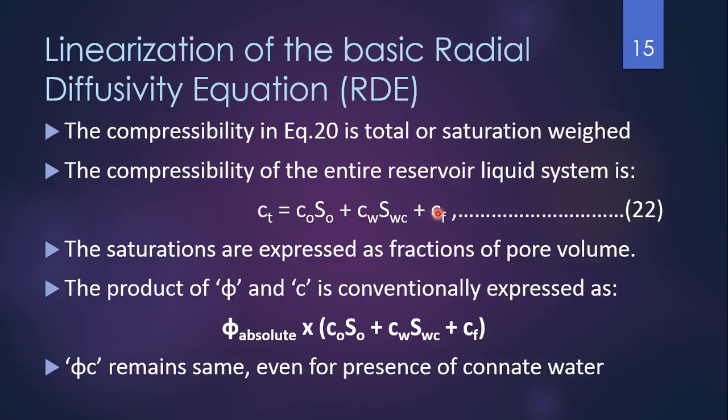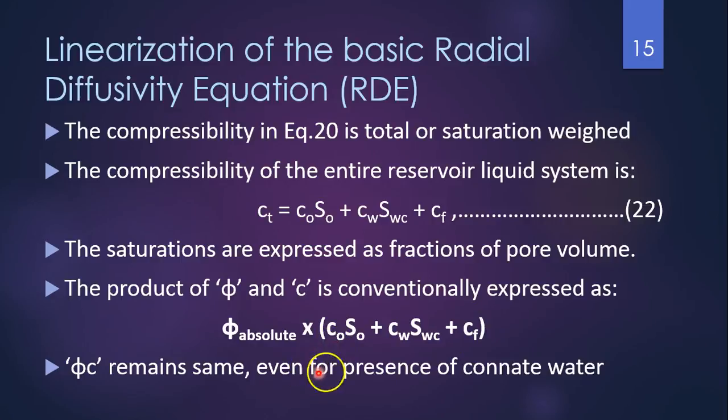So basically it's a system, and we have to consider the compressibility of the system, not just one component. The saturations are expressed as fractions of pore volume. The product phi and c is conventionally expressed as phi, the total or effective porosity, into Co So plus Cw Sw plus Cf.